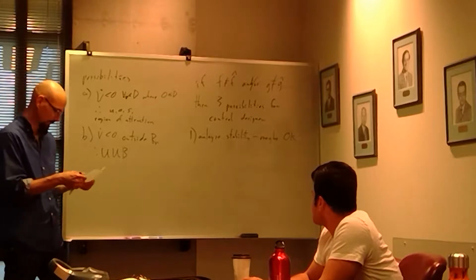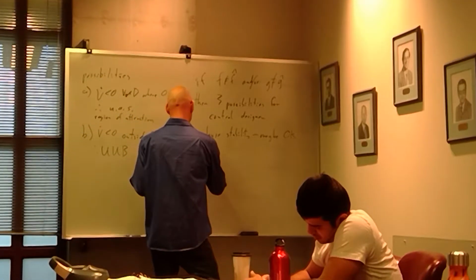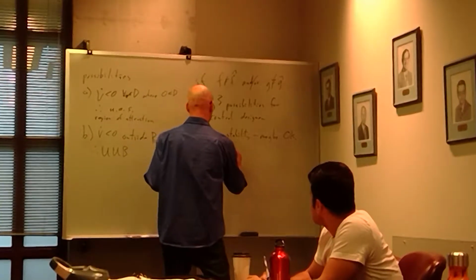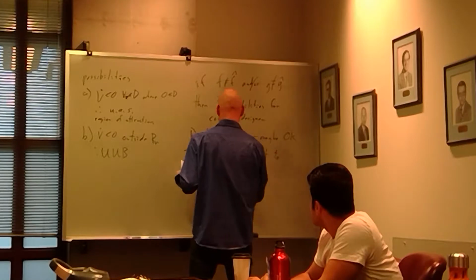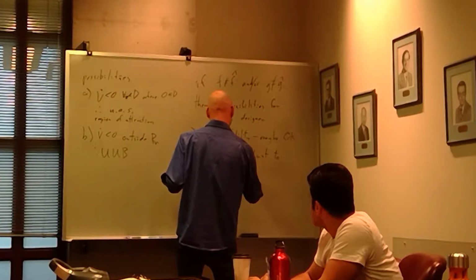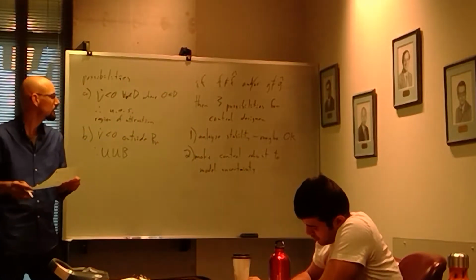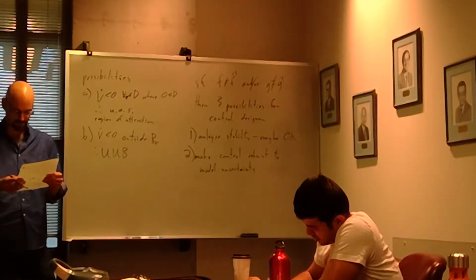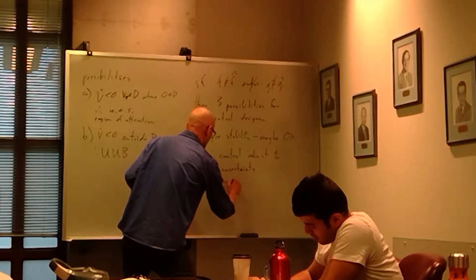But you don't necessarily have to go overboard trying to fix it. It might be okay. Two would be to make the control robust. So you model uncertainty. That would be especially true if the uncertainty is small.